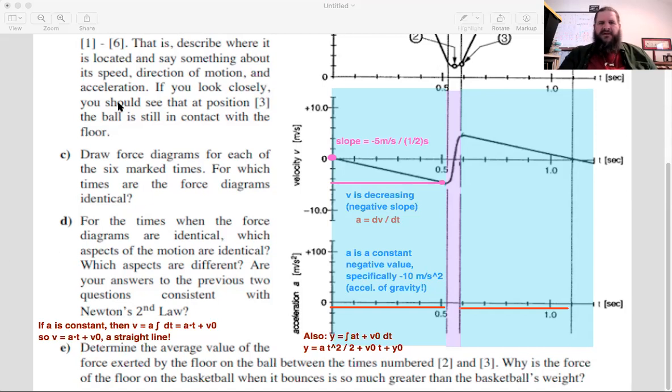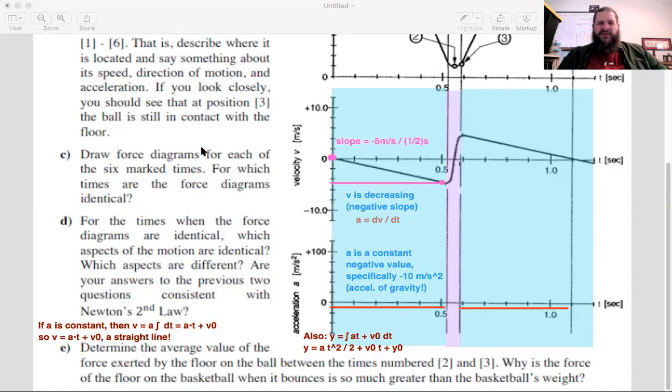Yeah, it's increasing. And an increasing velocity tells you the acceleration is what sort of value? Yeah, well, not increasing. I would say the acceleration is positive. The velocity is increasing, so the acceleration is positive.